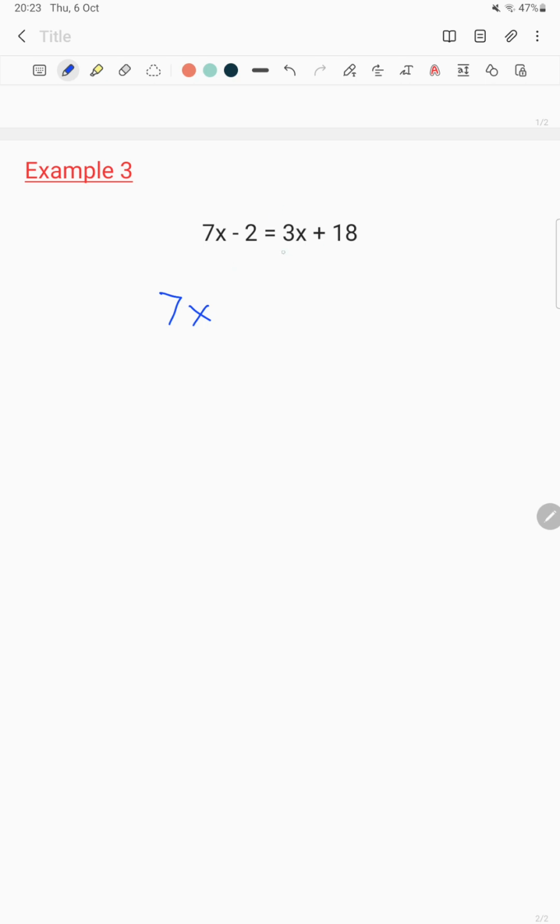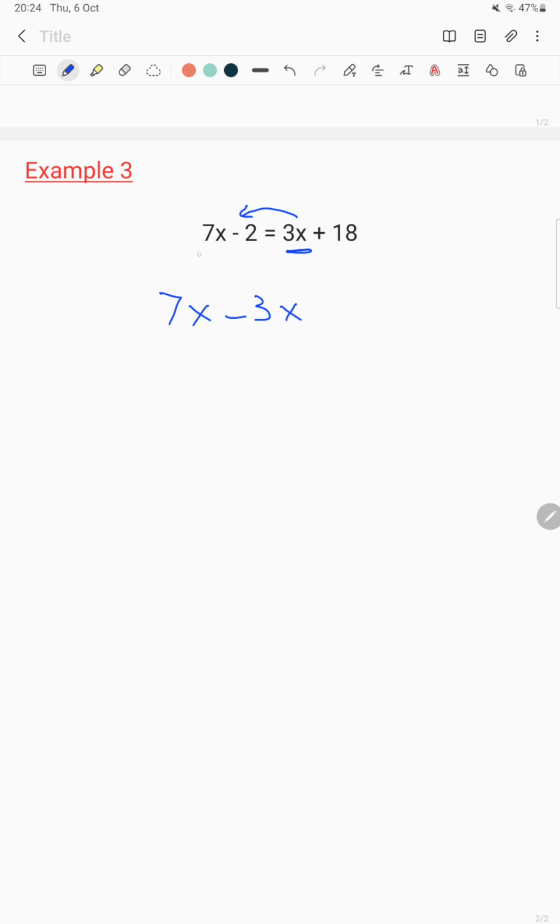I'm going to deal with all the letters first and then worry about the numbers. I noticed there is another term with a letter, this 3x, and I need to move that over the equal sign. It's a plus 3x on the right, so it's a minus 3x on the left.